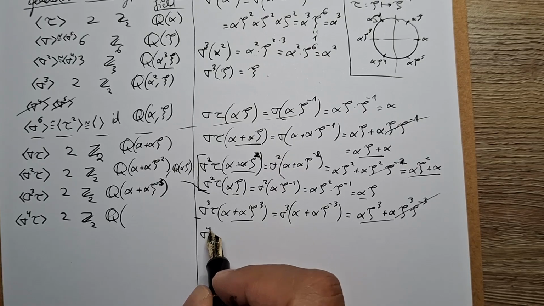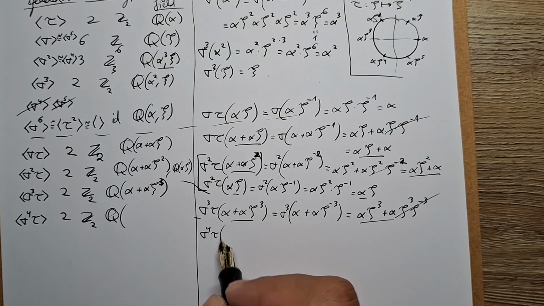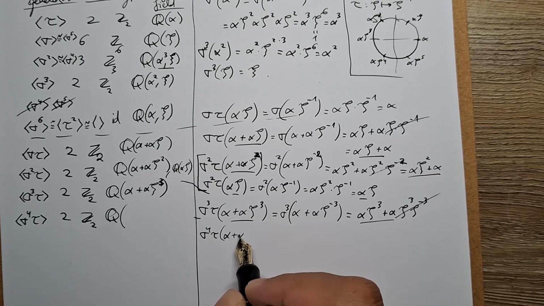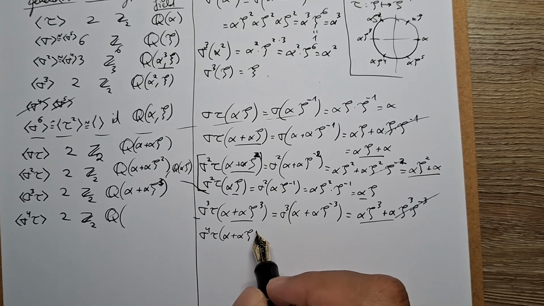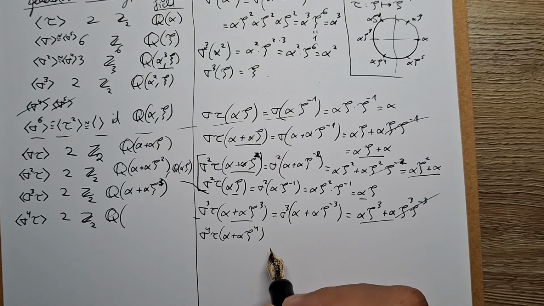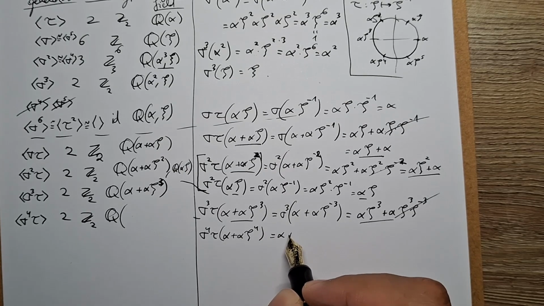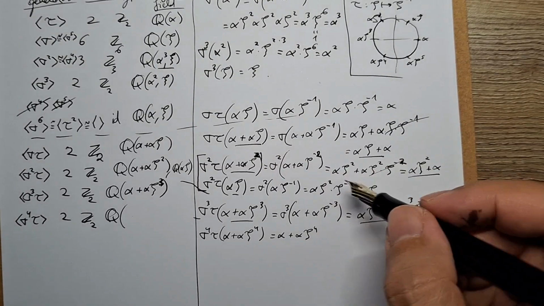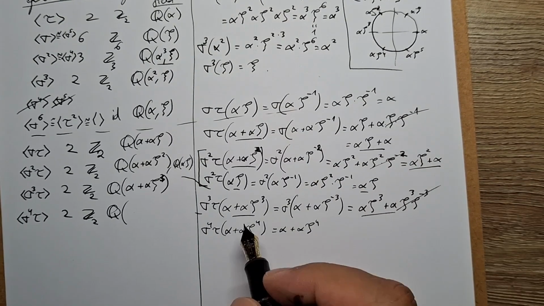So we can use, similar to before, alpha plus alpha multiplied by theta to the power of 4. This will give us the same as we have been getting in the previous iterations.